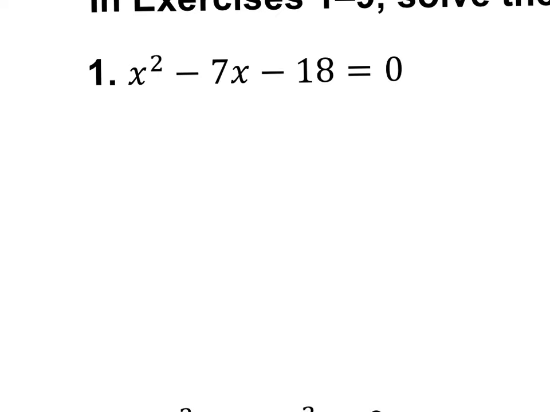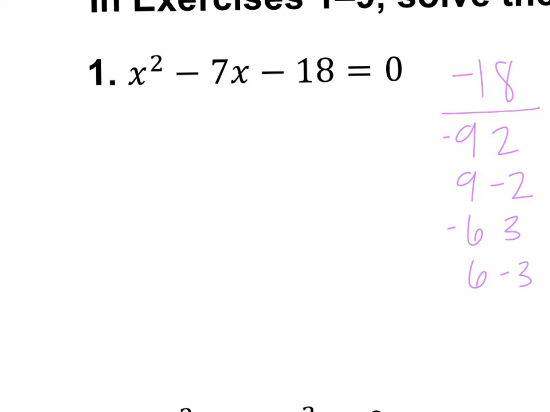All right, so my C value is what I need to look at next. I need to find the factors of my C value, which in this case is negative 18. What are some factors of negative 18? Good, negative 9 and 2, which means I can also have positive 2, or negative 2 and positive 9. Good, negative 6 and 3. What else?